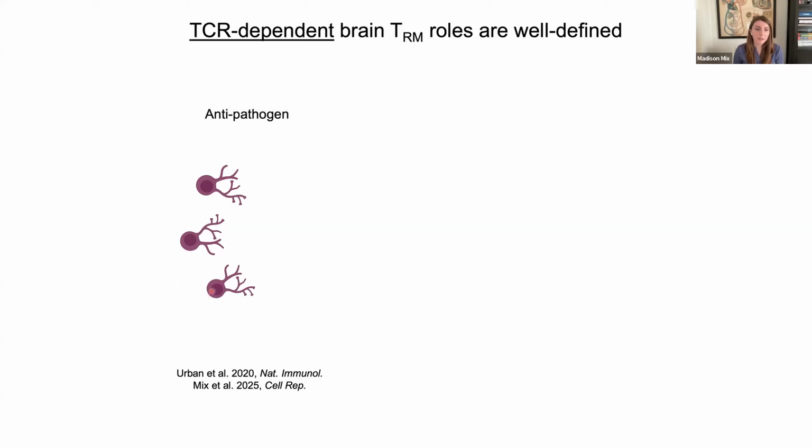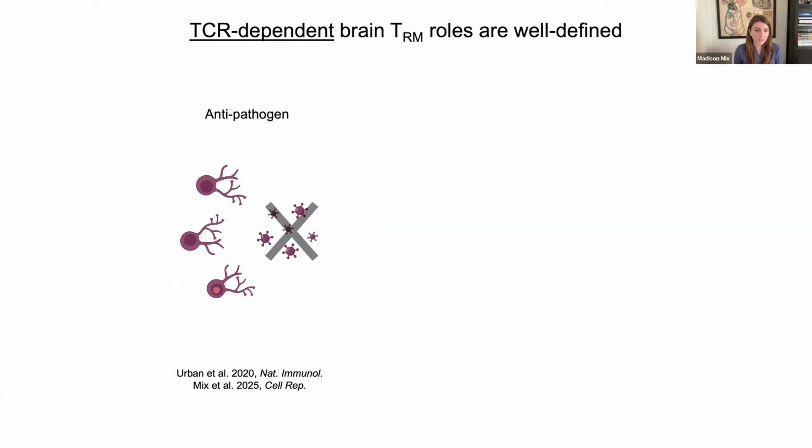So stepping back a little bit and thinking about the roles that brain TRM have, I think TCR-dependent roles are a bit more well-defined. We know that if you are able to get pathogen-specific TRM in the brain prior to an infection, they can durably protect mice against otherwise lethal intracranial infections.